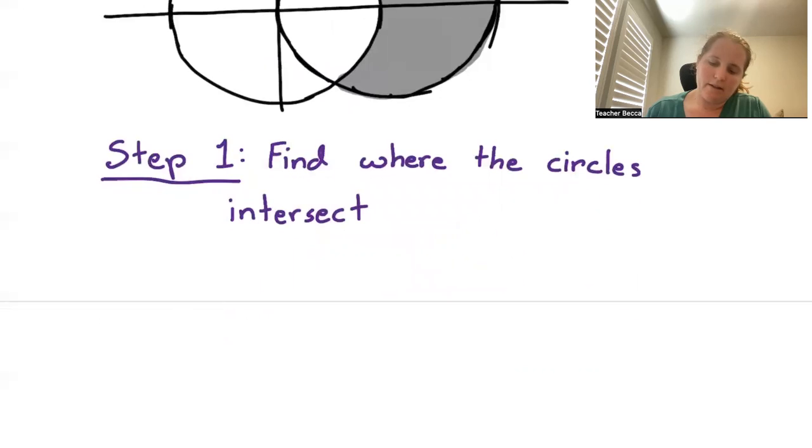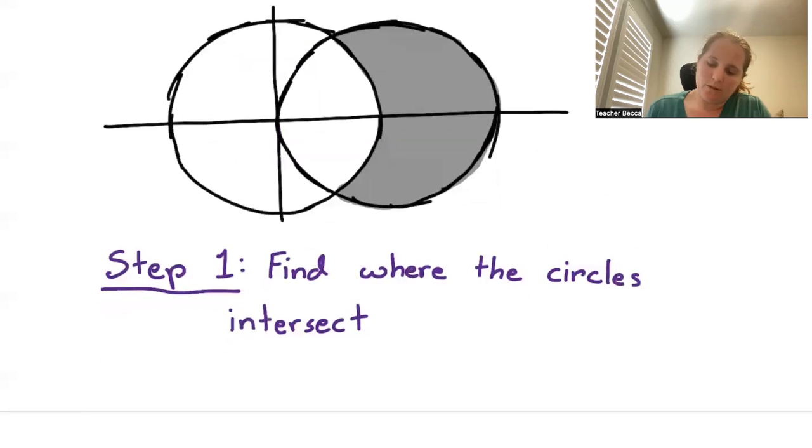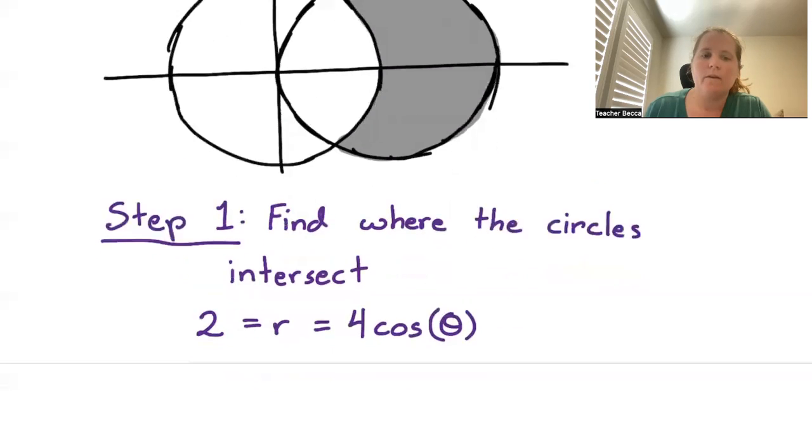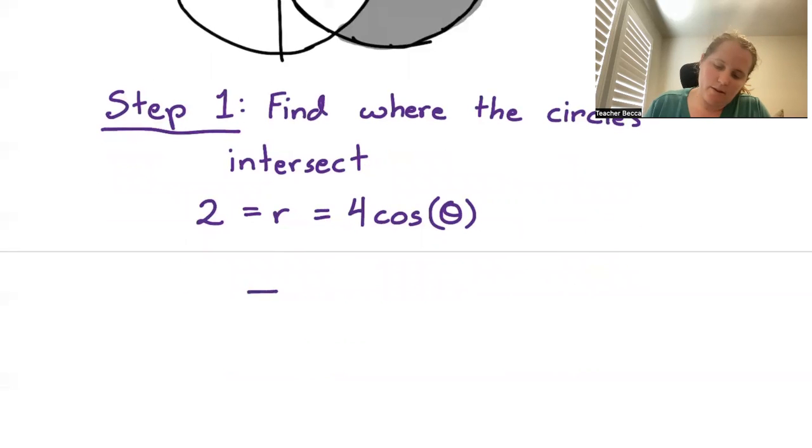So we set 2, so 2 is equal to r, is also equal to 4 cosine theta. So this means that cosine theta is equal to 1/2.